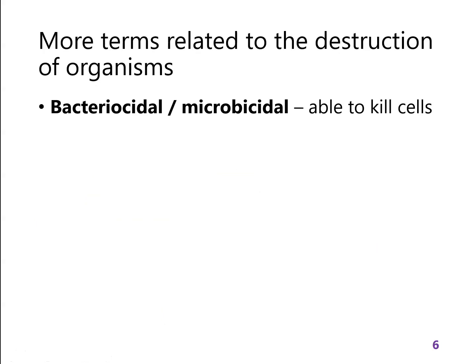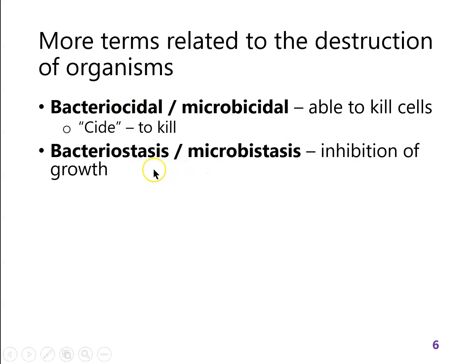Some other terms you would want to know would be bactericidal versus bacteriostatic. So something that's bactericidal can kill bacteria. Something microbicidal can kill microorganisms. Something that's bacteriostatic stops them from growing, but it's reversible.